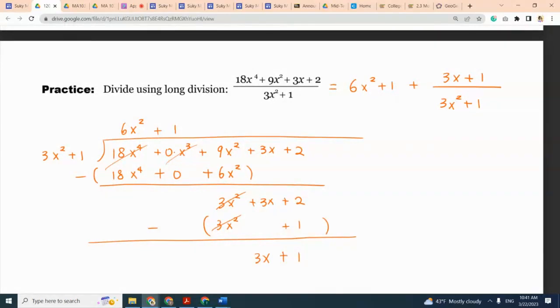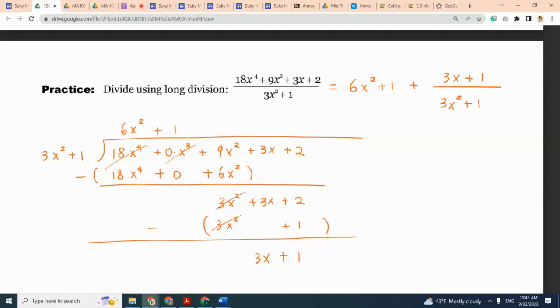To get 18x to the 4, we multiply 3x squared by 6x squared, right, everybody? So 6x squared. And then you multiply. 6x squared times 3x squared is 18x to the 4. 6x squared times 1 is 6x squared, but put it under the 9x squared.